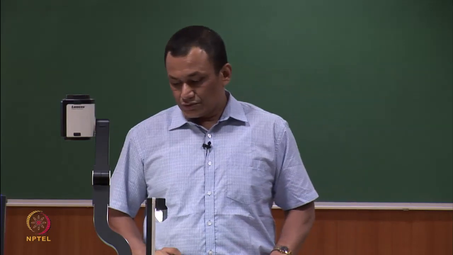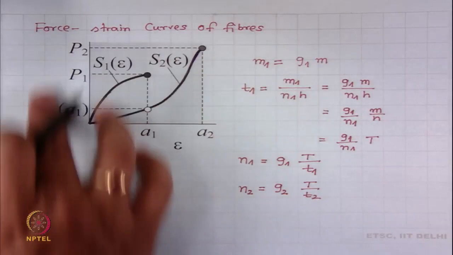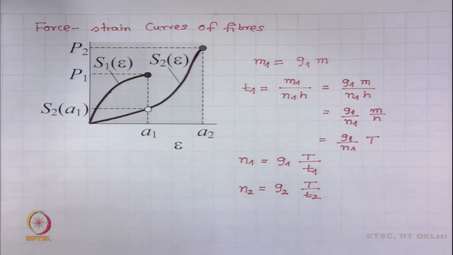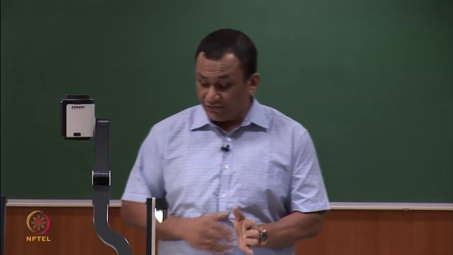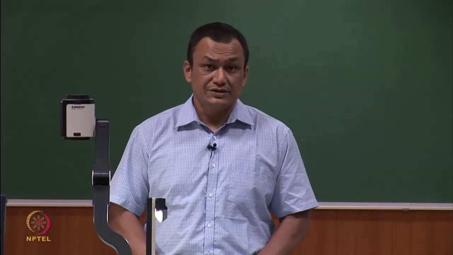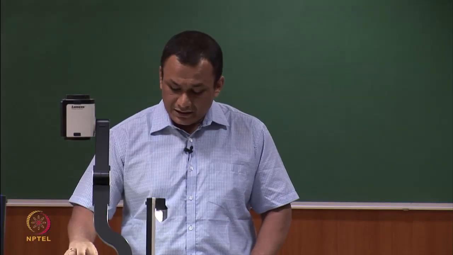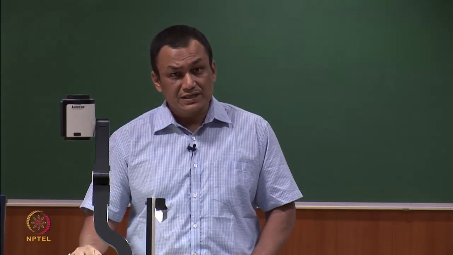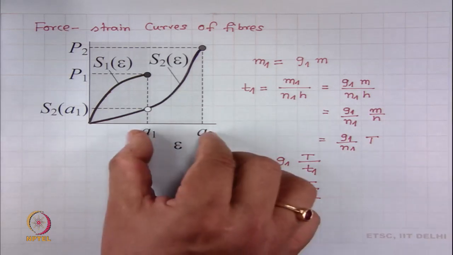Right. So, now we come back to this, we have to analyze the situation. In order to analyze this situation, what do we do? We divide this region into 3 regions. First we consider what is happening when the elongation is less than or equal to A1, then we consider what is happening when the elongation is between A1 and A2.